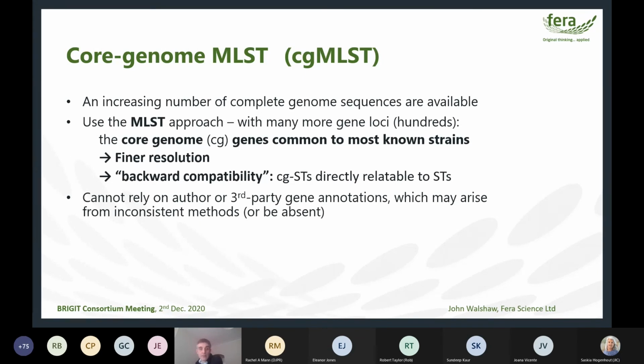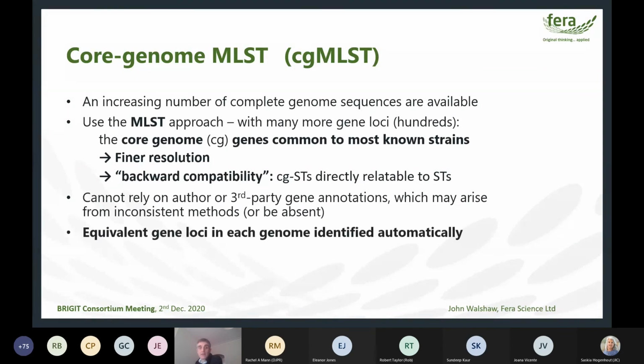And even relying on the deposited gene annotations or third-party database curator annotations, we can't really do that either, because there may be inconsistencies, and in some cases they may be absent. So there's a need to do this automatically.